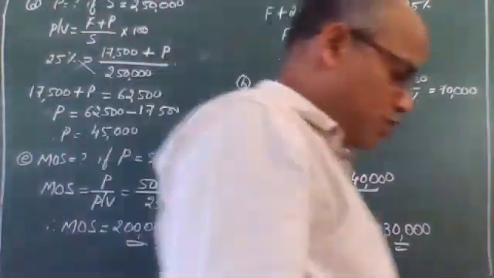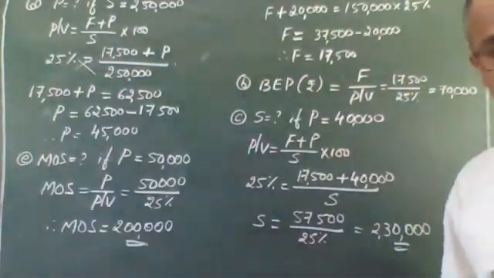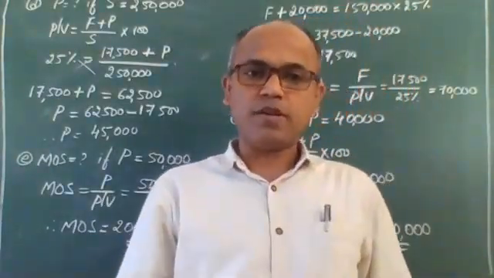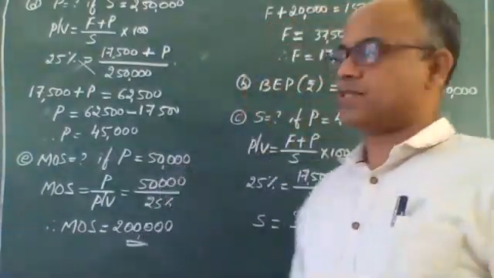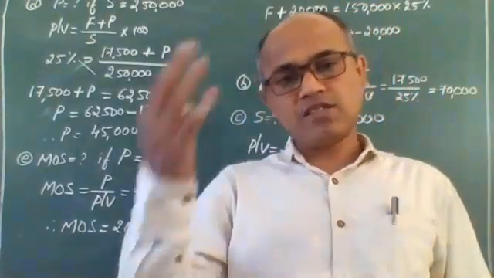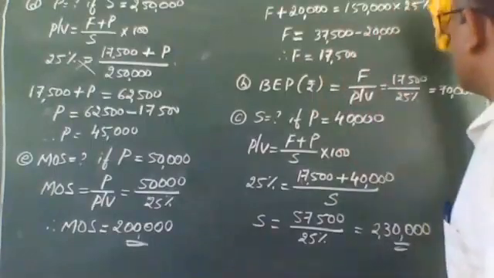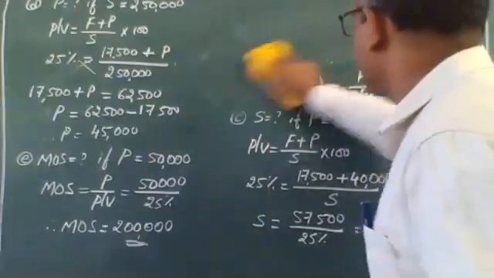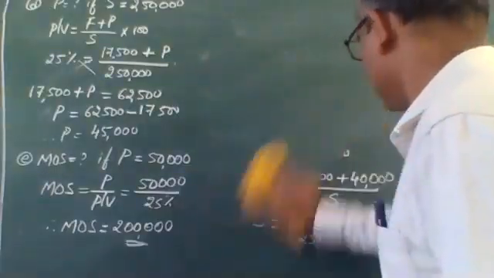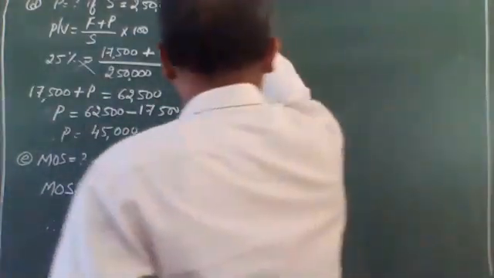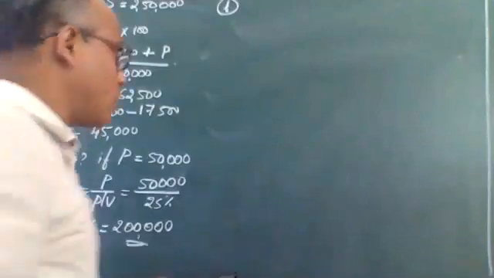Then next question is asking variable cost of two periods. Why is it specifically saying variable cost of both the periods? Because variable cost cannot be same for both the years. When sales change, the total variable cost also will change. So the next part of the question is the F bit, and the F bit is asking variable cost.